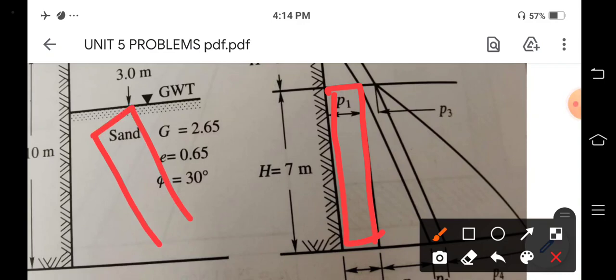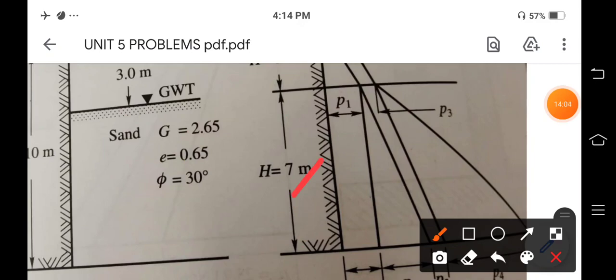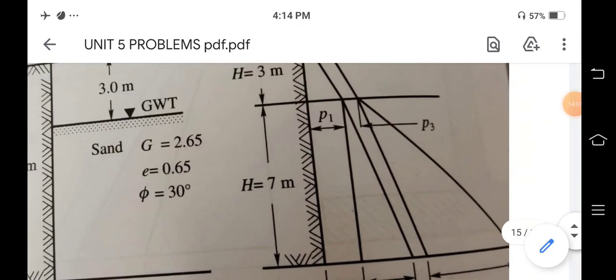For the rectangle, the base is P1 and the height is H2, that is 7 meter, so the area is P1 into H2, that is P1 into 7 meter. Then this is the third triangle.